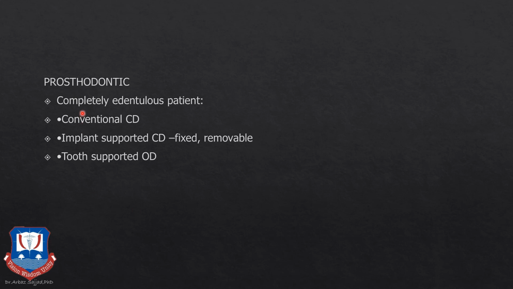And following which, the definitive prosthodontic treatment plan is given. In case of a completely edentulous patient, we may prescribe a conventional complete denture or an implant supported fixed or removable complete denture. Or if there are a couple of teeth present, we may also consider retaining those teeth and giving a tooth supported overdenture.